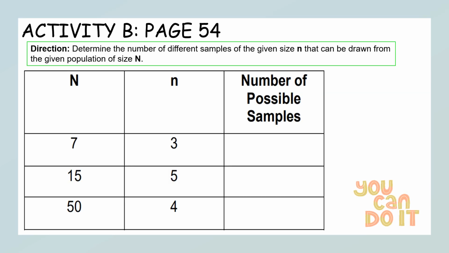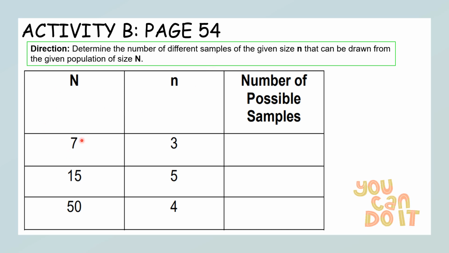So, para saan ba yung combinations probability formula? Para malaman lang po natin kung ilan yung number of possible samples na pwedeng lumitaw sa ating table. So, do not forget, capital letter N represents the population and small letter n represents the sample.